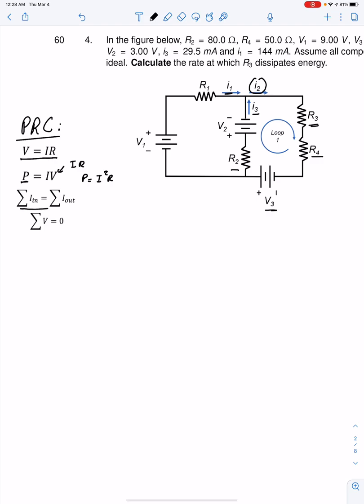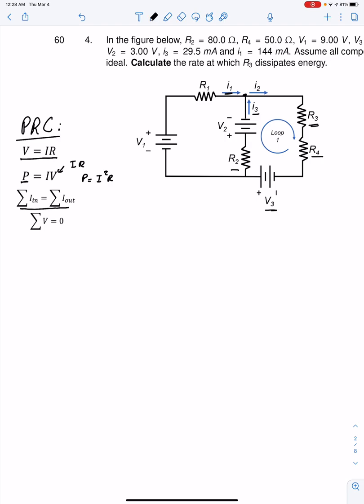Now, this one is part of Kirchhoff, where it says that if we have a junction, like this one right here, where we have I1, I2, and I3. In this situation, I1 and I3 are going into the junction and only I2 is coming out.